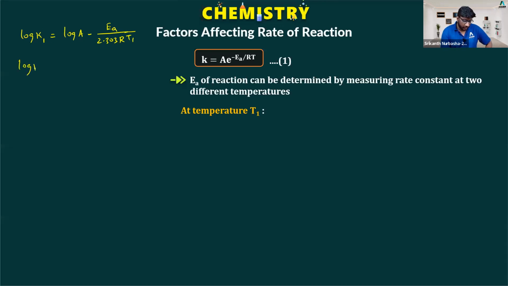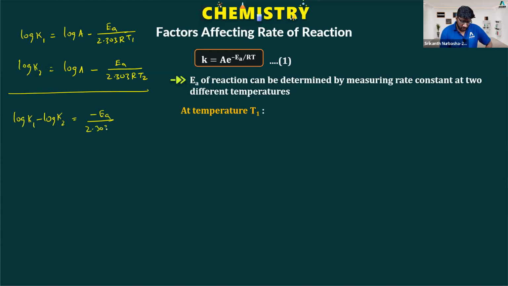Log K2 is log A minus Ea by 2.303 R T2. When I subtract these, log K1 minus log K2 is equal to minus Ea by 2.303 R into 1 by T1 minus 1 by T2, because minus of minus becomes plus.